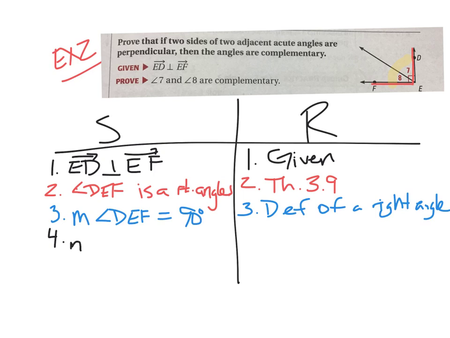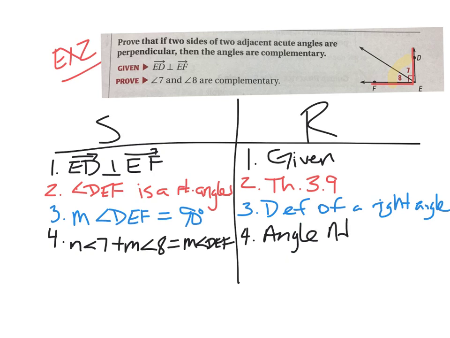We have the measure of angle 7 plus the measure of angle 8, which is the measure of angle DEF, right? And we know those add up to the big angle because of the angle addition postulate.